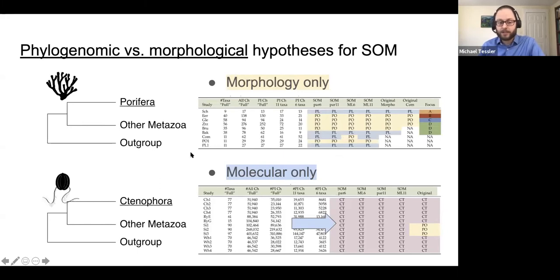When we look at morphology only, we find porifera is the most common sister to other Metazoa, with Placozoa being the other group that is also morphologically very distinct, so it's not surprising that it comes out in some of these data sets.